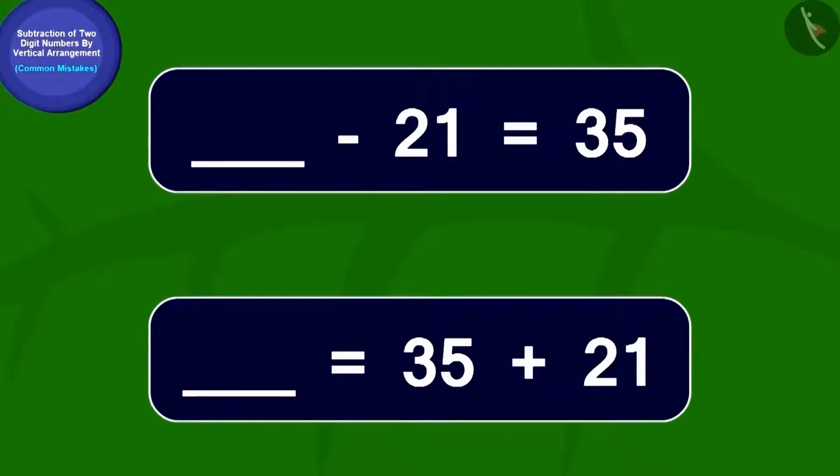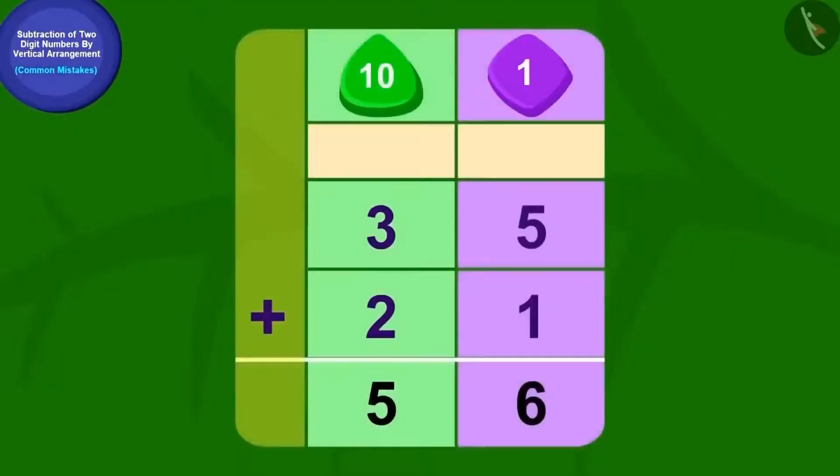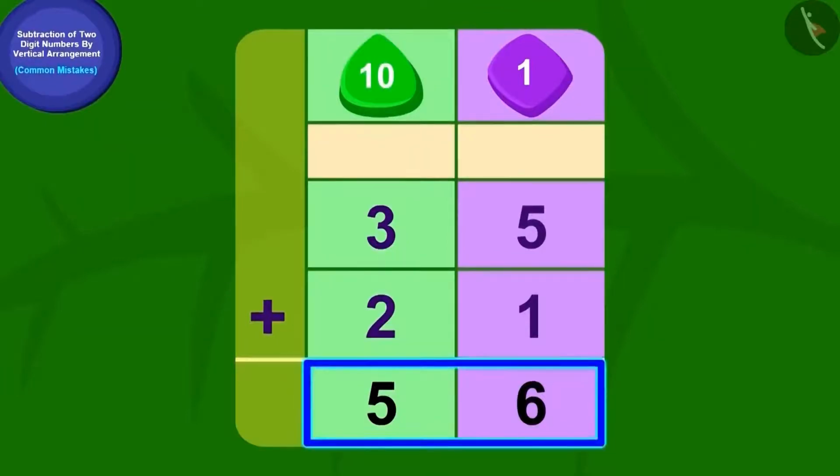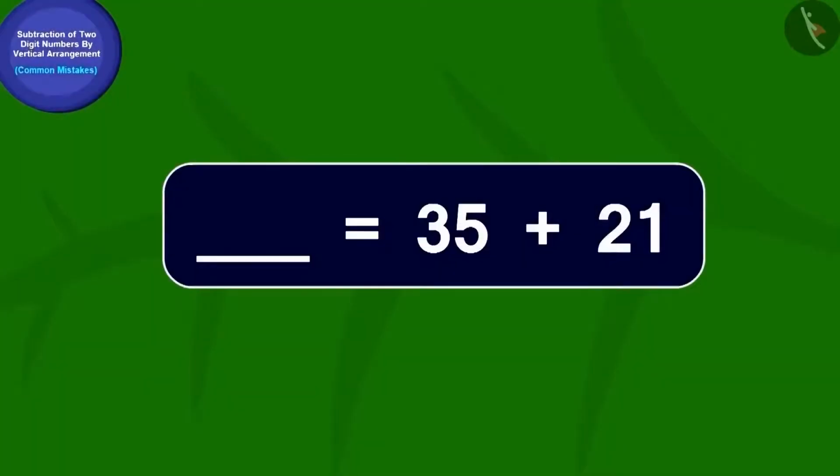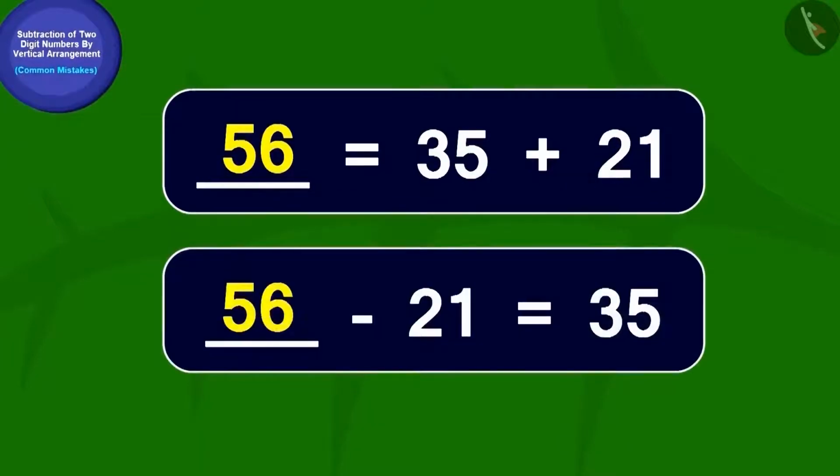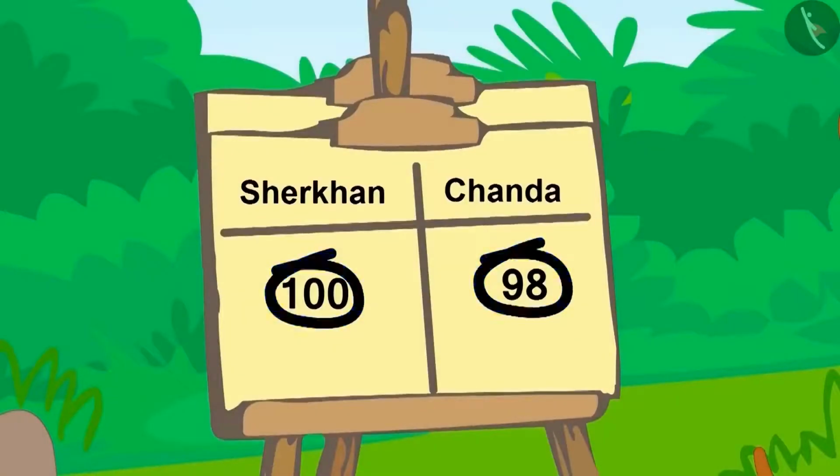Now, can you solve this question on addition? Well done, children. You have solved it correctly. Thus, the number to fill in the blank space is 56. Chanda kept thinking, and Sher Khan wrote the answer to the question correctly just as you did. Sher Khan, who is now 2 points ahead of Chanda, has won the competition.